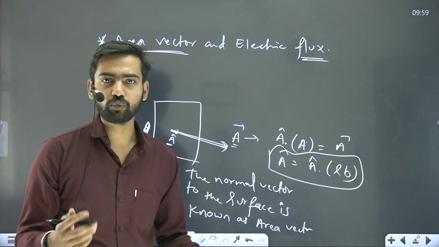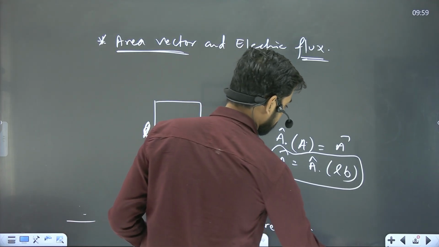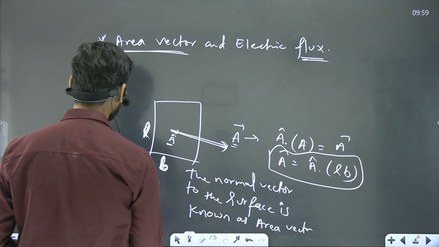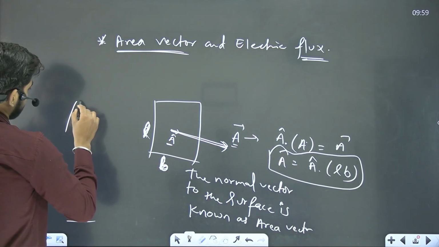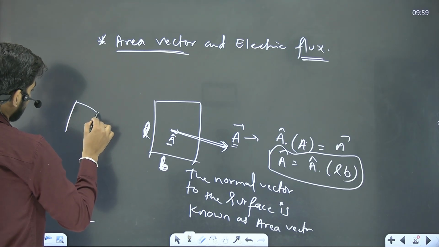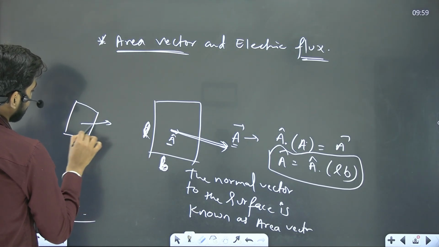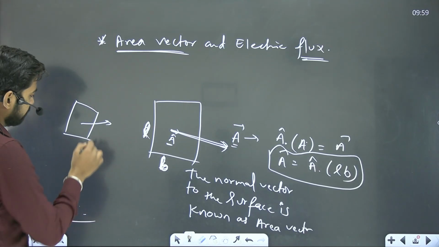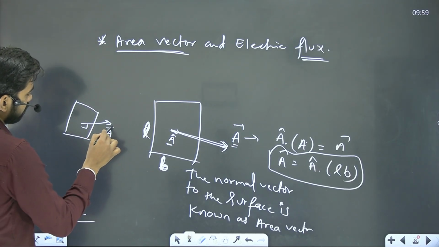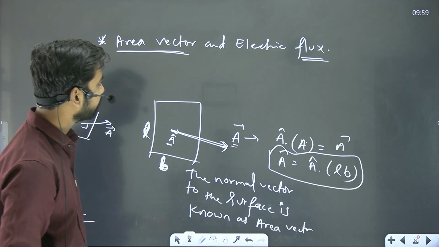So by changing the geometry of your surface, you can find the area vector in a different direction. So this is known as your area vector.